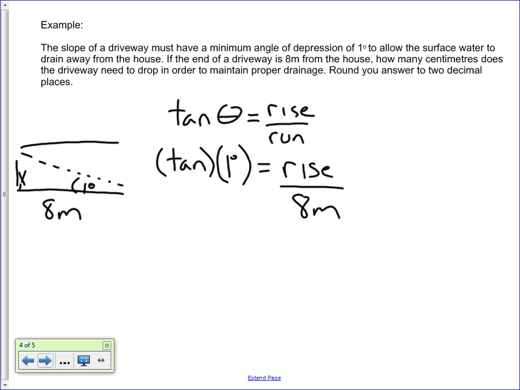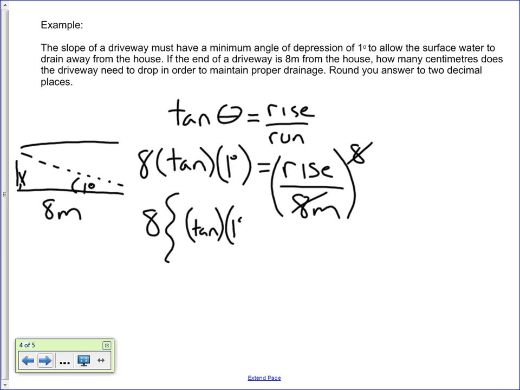I'm taking this 8 and multiplying it by this value to get rise by itself. And what I do to that side, I also do to this side. So 8 times the tangent of 1 degree is equal to my rise.